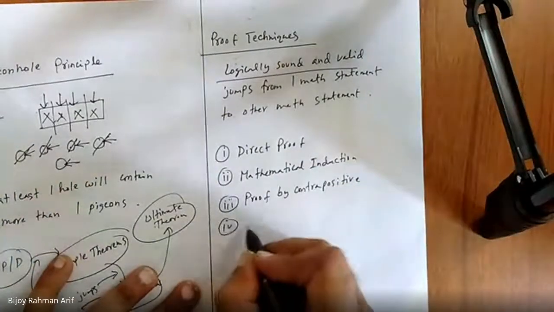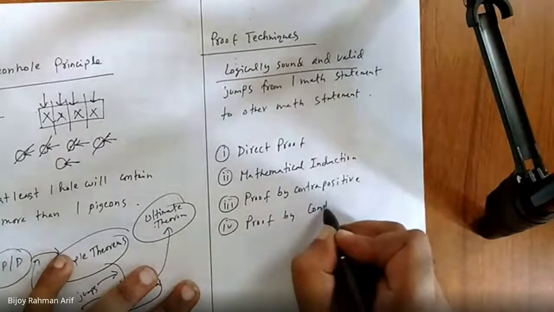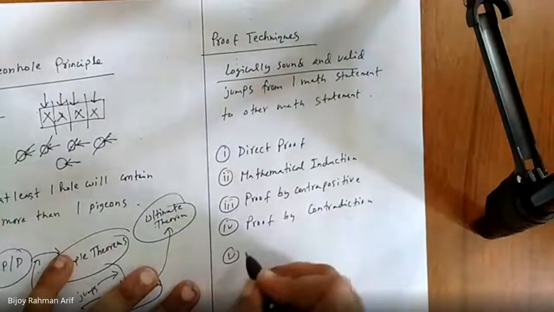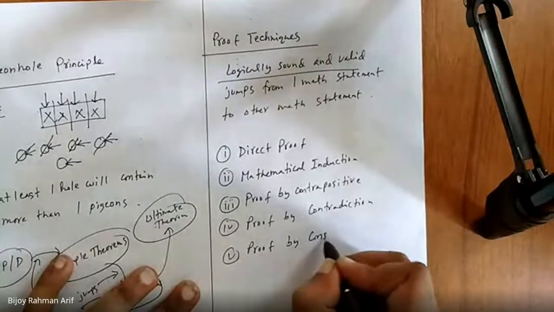Fourth one can be called proof by contradiction. Number 5, proof by construction.